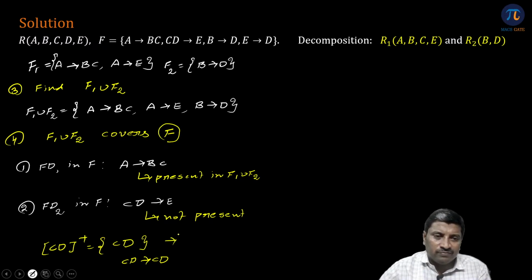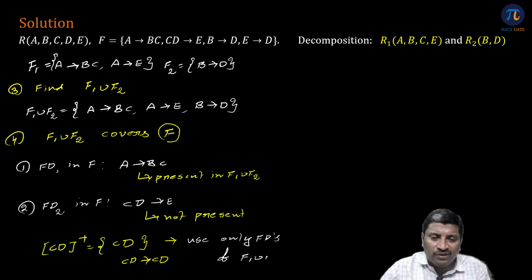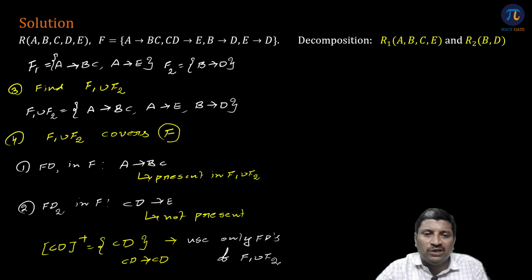When you are writing the closure, use only FDs of F1 union F2. While you are writing the closures, we need to consider only the FDs of F1 union F2.